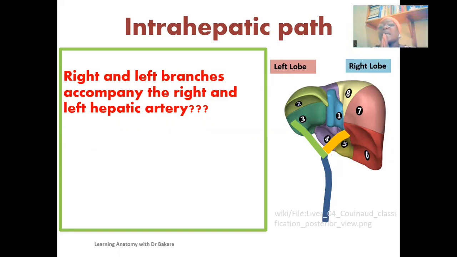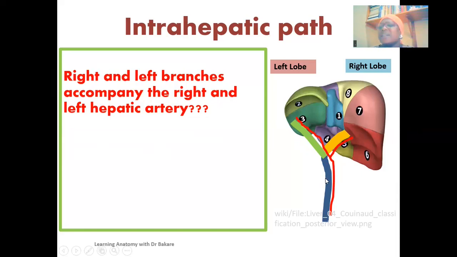So we have the hepatic artery proper. This is the hepatic artery proper, dividing into the right and the left hepatic artery. We know that the hepatic artery will be supplying the liver with oxygen-rich blood. So this is also going through the porta hepatis and is going to be delivering oxygen-rich blood to the liver.